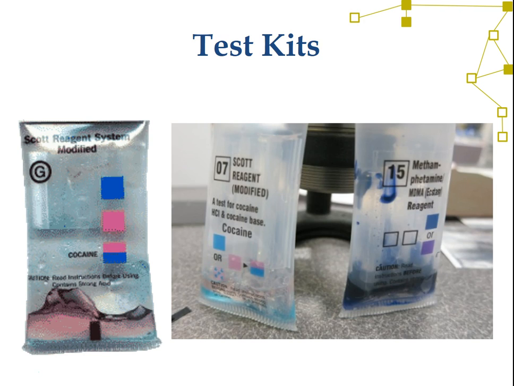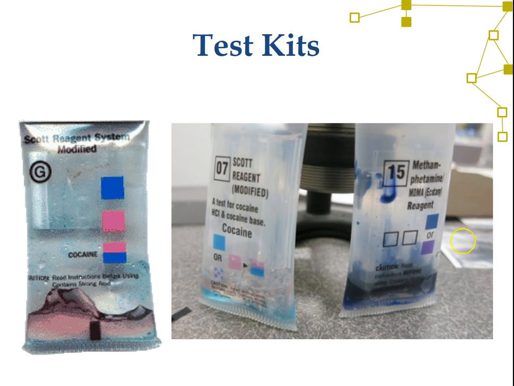There are even what they call presumptive tests like these. And these are test kits that as an officer you would take in the field, and if you arrested someone with suspected, in this instance, cocaine, you would just take a little sample and put it into this plastic container, if you will.